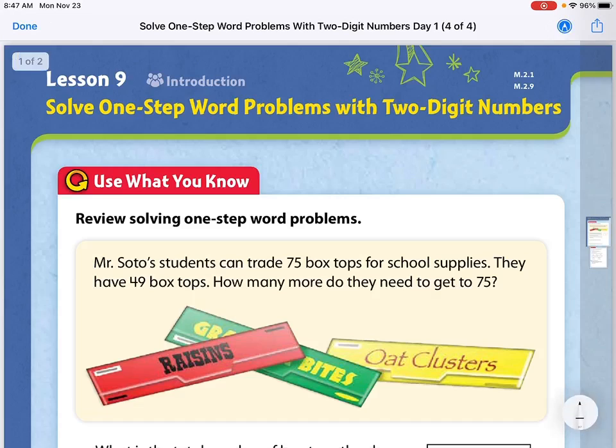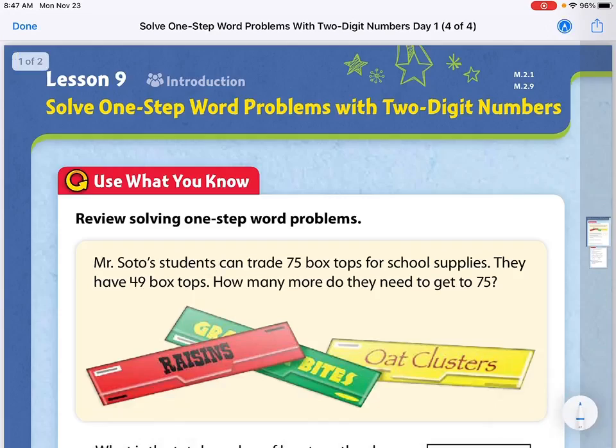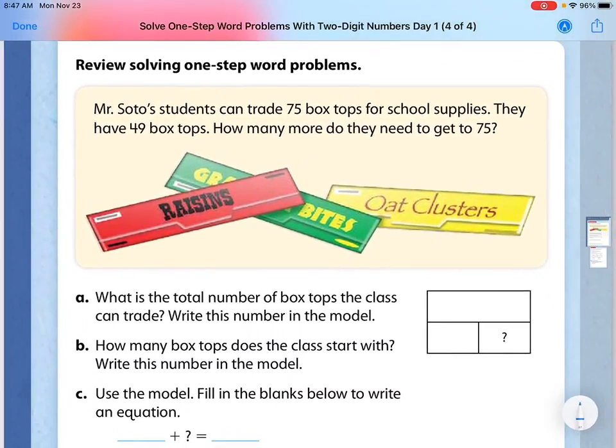So we need to solve this problem, and let's see what our page says to do first. All right, so I noticed that they are showing us a bar model over here. They want us to fill in the missing parts of the bar model. The first question, A, says, what is the total number of box tops the class can trade?